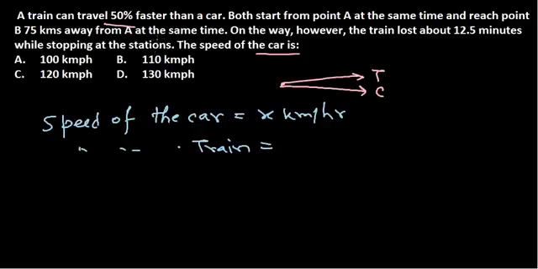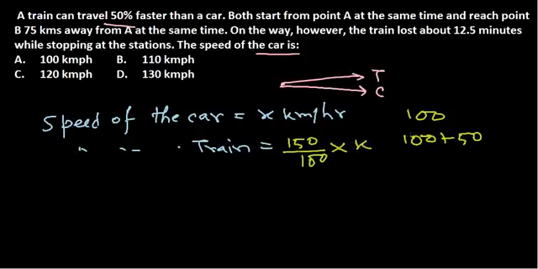Now what do we mean by 50% faster? 50% faster means 50 divided by 100 faster, right? So if the speed of the car is 100 kilometers per hour, the speed of the train will be 100 plus 50, so 150 divided by 100 times the speed of the car. So the speed of the train will be 150 by 100 into x.